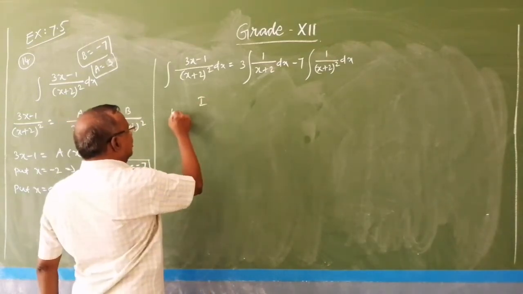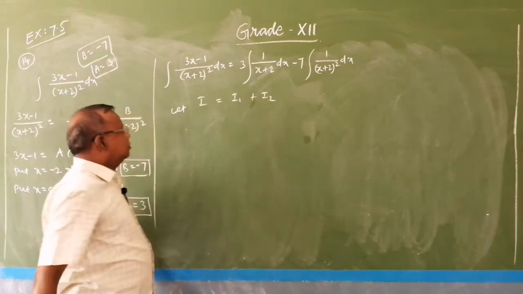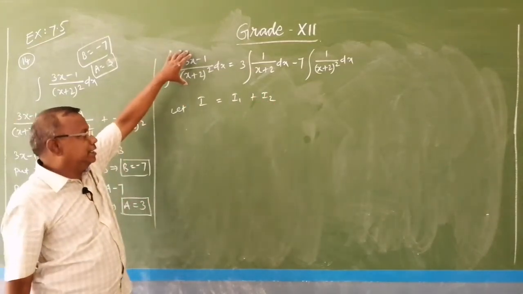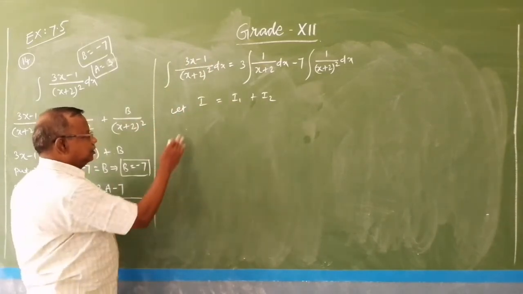Let I equal to I1 plus I2. So the LHS, the integral is I, and these two parts we can say I1 and I2.